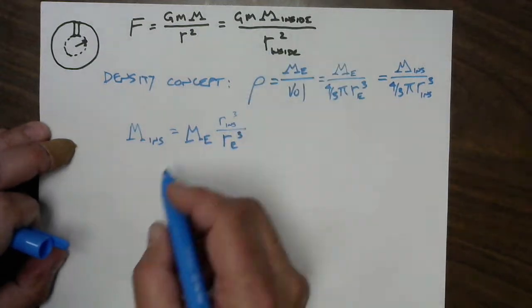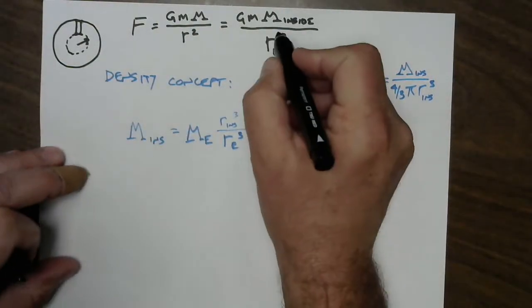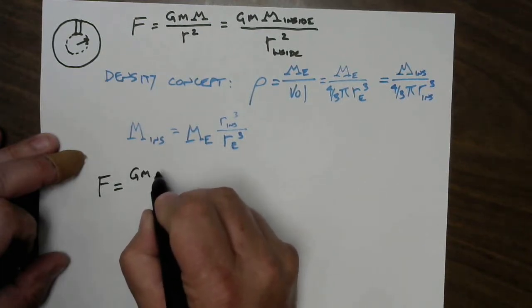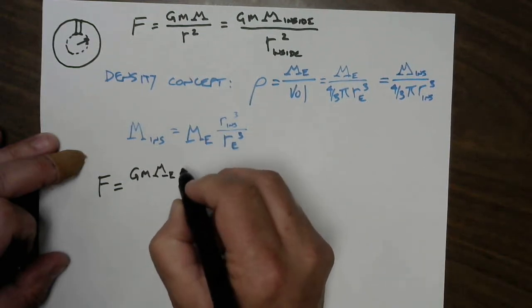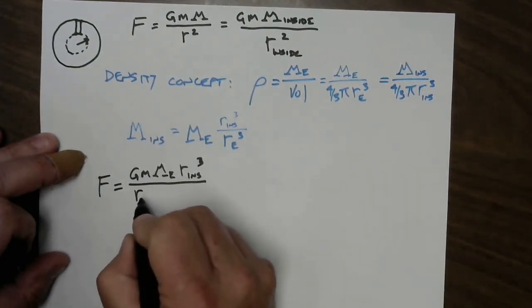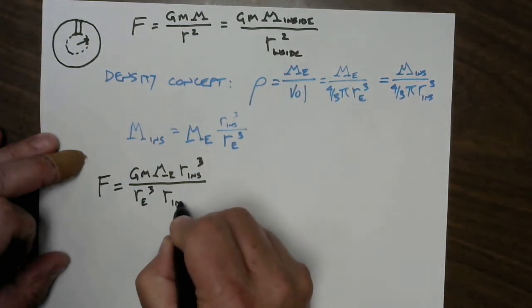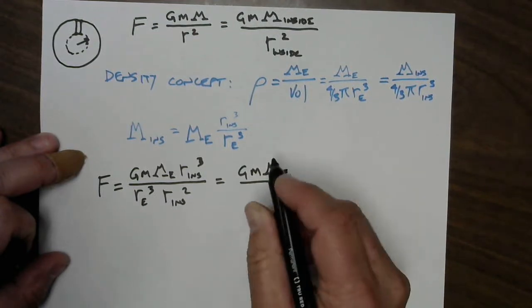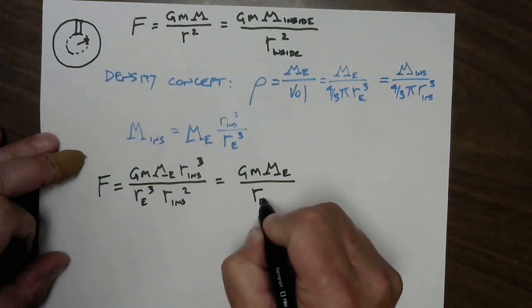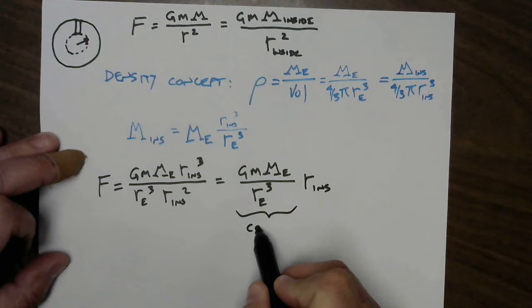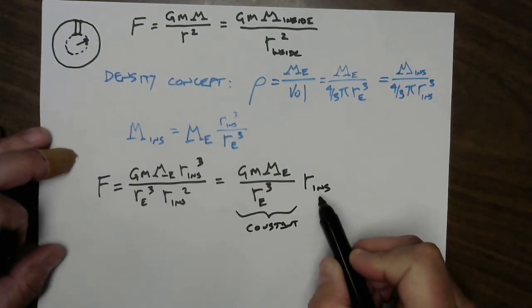Putting that back inside this formula up here, we get that the force as you're digging inside the Earth is capital G, capital M, the mass of the Earth, and then radius inside cubed, and on the bottom radius of the Earth cubed and radius inside squared, meaning that this is a constant times how much radius is still inside of our location.